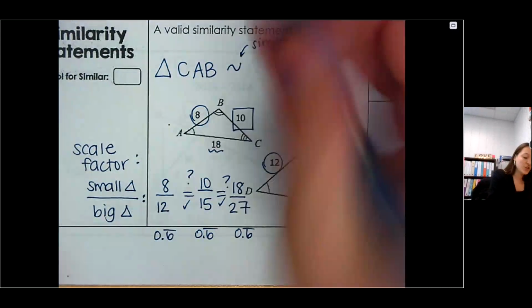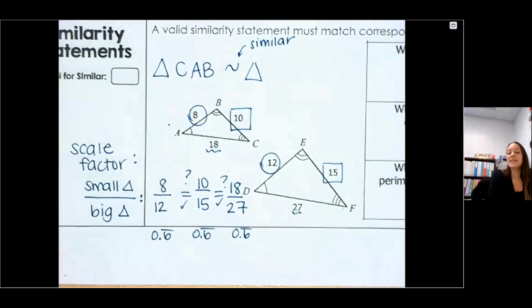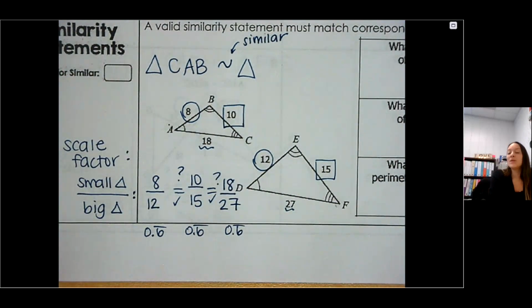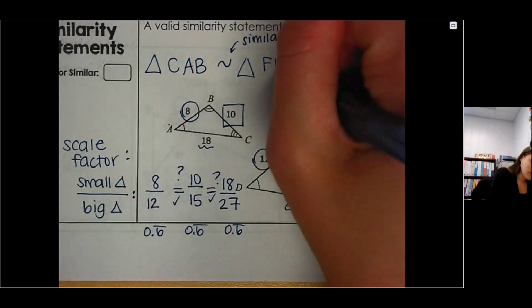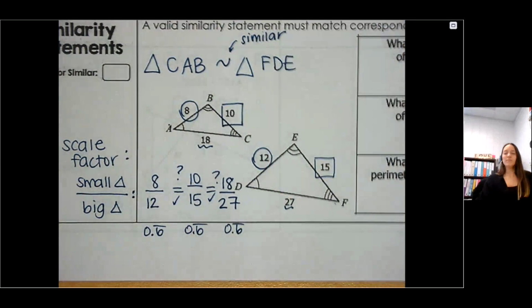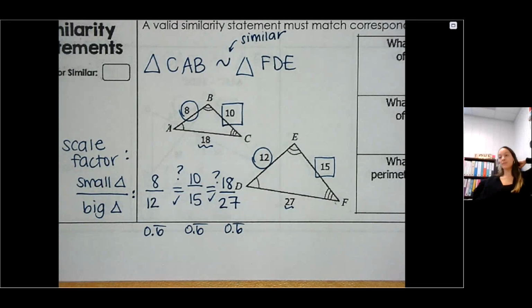Triangle CAB is similar to triangle, and I have to name it in the same order. What would the second triangle be in the same order? FDE. So order does matter here. So similar triangles have congruent angles and proportional side lengths.